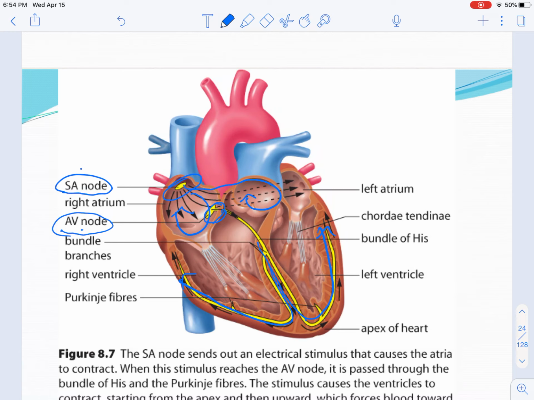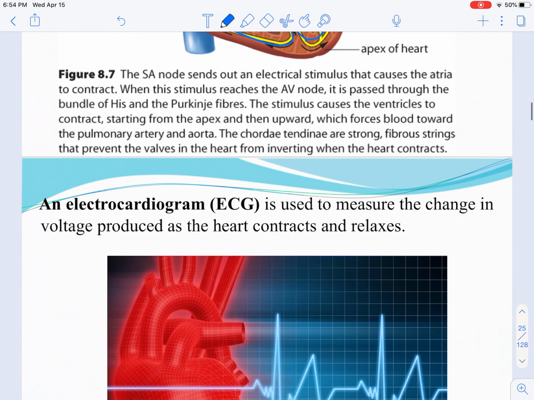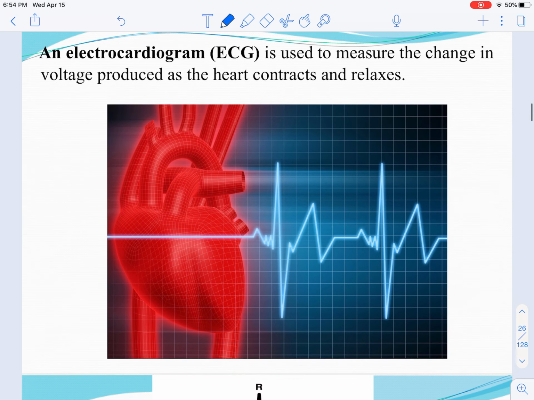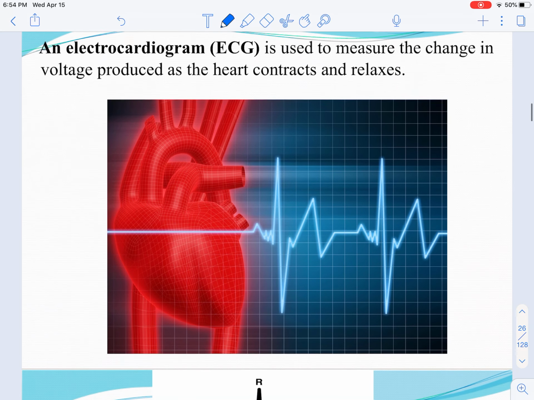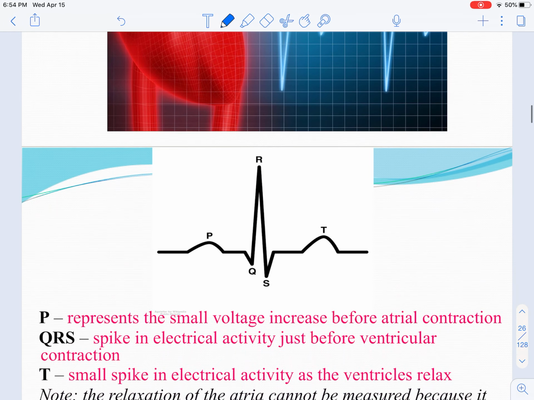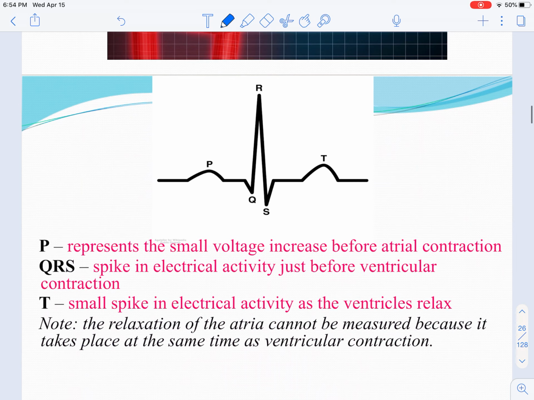So the heartbeat consists of the SA node causing all the atria to contract, and then the AV node causing the ventricles to contract. Now, when the contraction happens, it shows up as a rhythm on an electrocardiogram that is also called ECG. They can measure the electrical conduction through the heart.